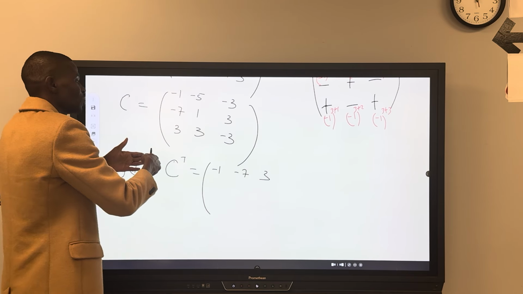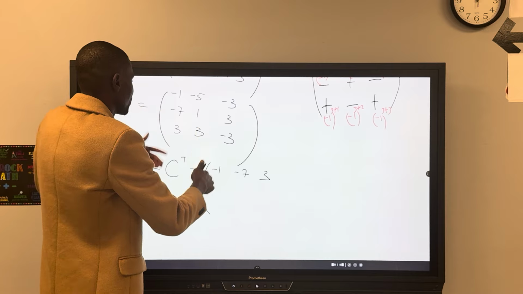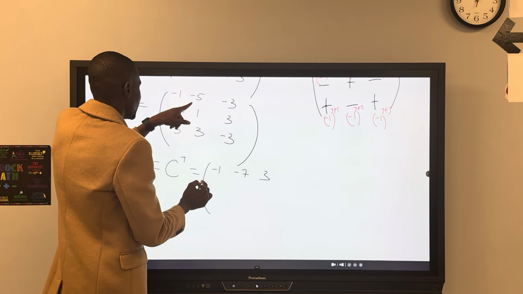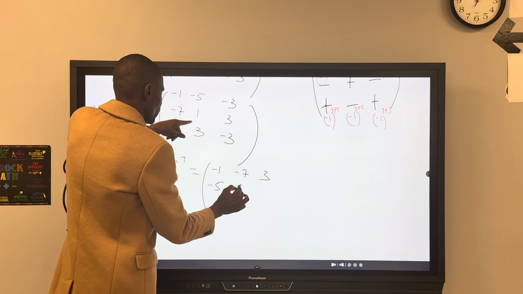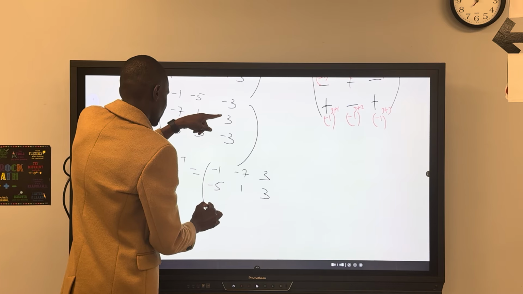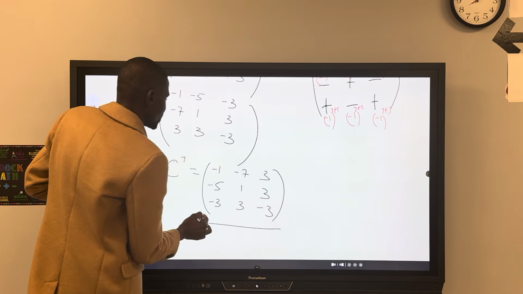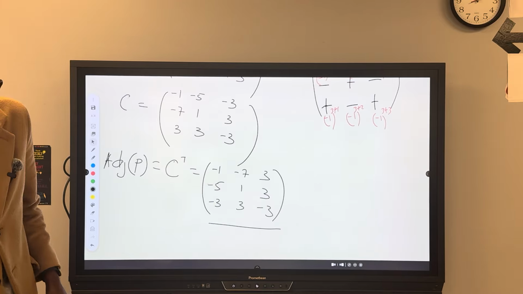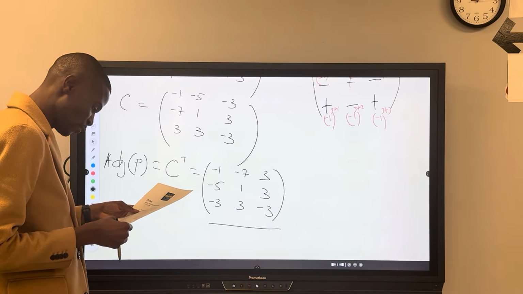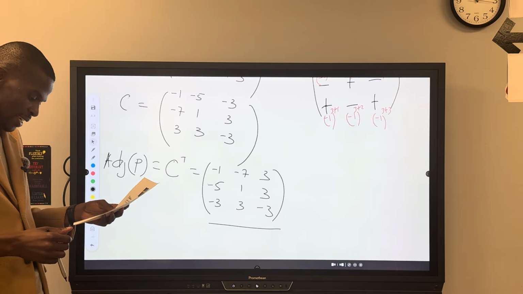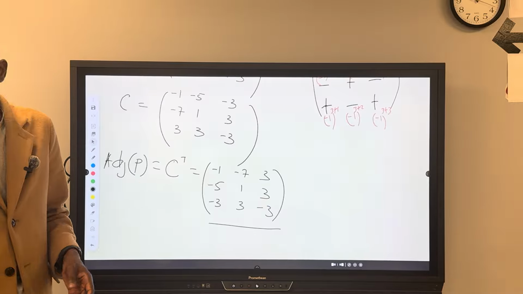First column becomes first row. Here, this is now -5, 1, 3, and this one is -3, 3, -3. So this is our adjoint matrix, which is -1, -7, 3, -5, 1, 3, -3, 3, and -3.